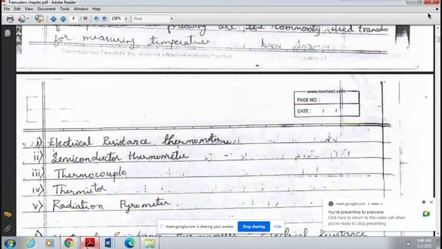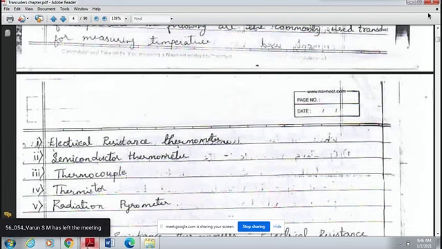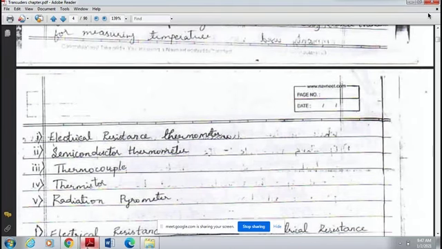These are the different types of temperature transducers which you are going to study today. First, let us know what this temperature transducer is and how it operates.